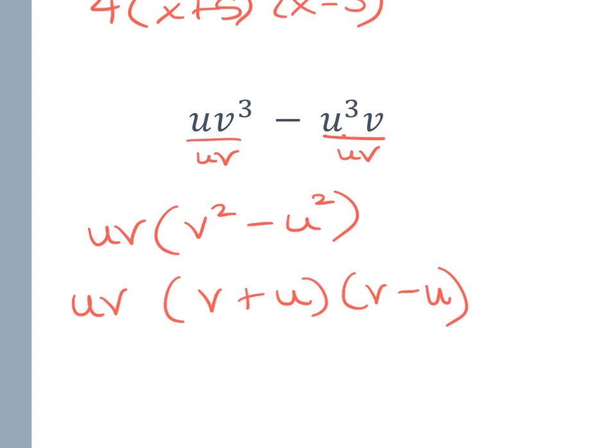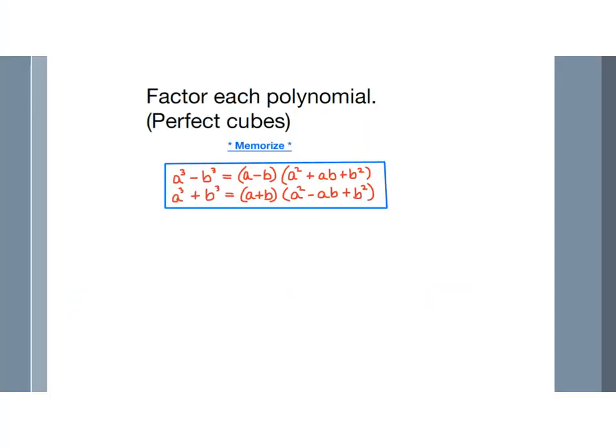Now the perfect cubes. And again, you may not have seen this next part. This is probably more of an Algebra 2 concept. So again, memorize the patterns, and remember that SOAP acronym will help you. Here's how the SOAP works again.